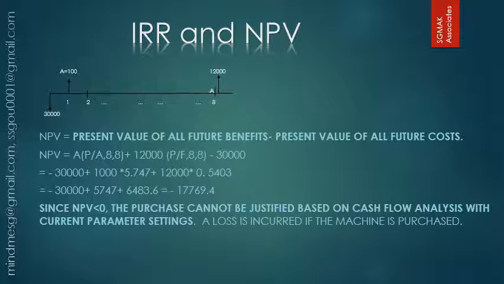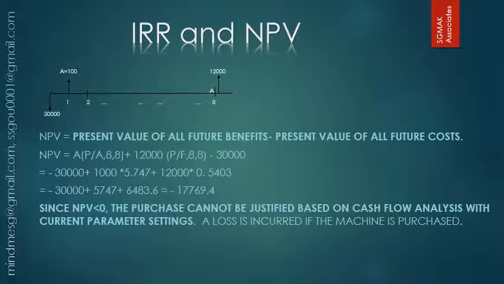So net present value comes out to be the net present value of all benefits minus all cost. 30,000 is your cost, and the rest are all benefits, and you're finding the net present value of that. So you have factor A times P over A, bringing the annuity to present value, and 12,000 times P over F, bringing the future value to an equivalent present value.